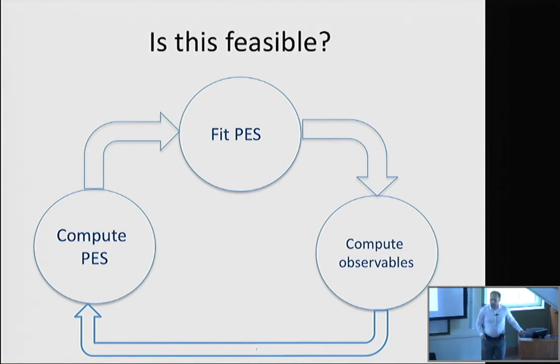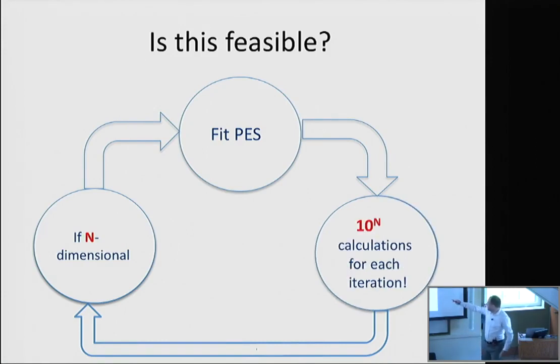So, if we have an n-dimensional potential energy surface, and let's say we didn't use any machine learning or anything like that. Let's say we simply were to add an ab initio point and move it in that n-dimensional space. Let's say we discretize the n-dimensional space, using 10 points per dimension on the grid. So that would require 10 to the n dynamical calculations for each iteration, right?